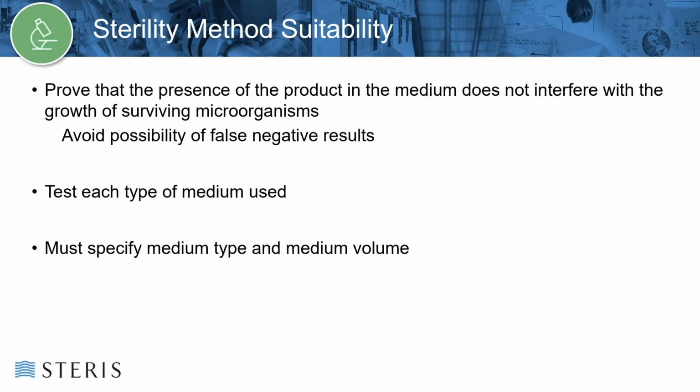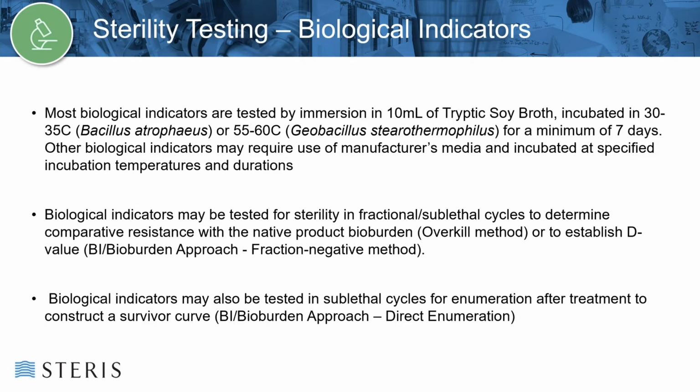If no growth is observed in the test samples, the test will need to be modified and executed with additional samples. Again, the BNF test is to ensure the product does not inhibit growth in the test of sterility. We test each media used and specify the media type and the volume of media used.